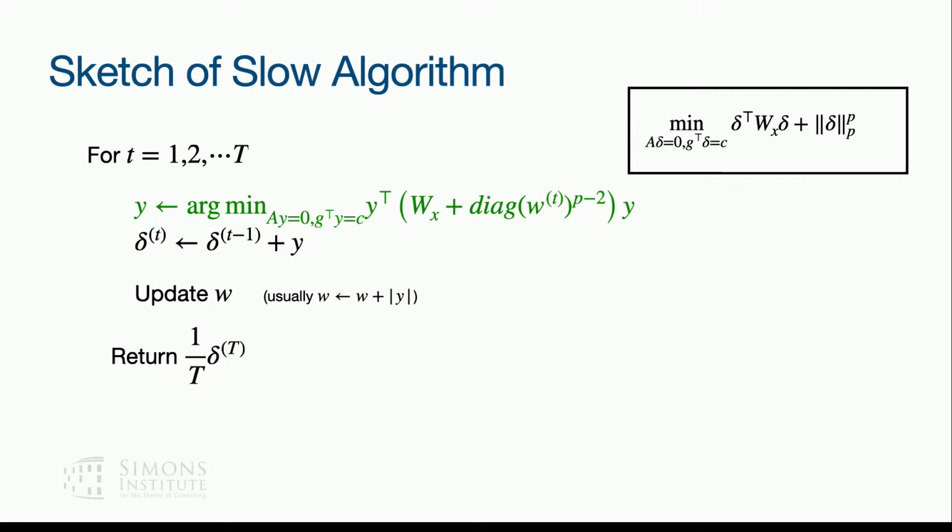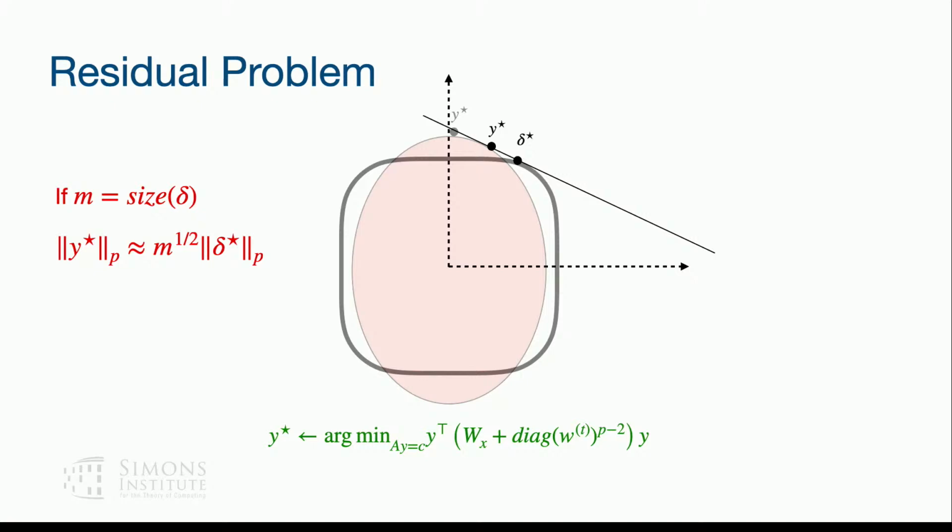If we fit this into our problem, you can note that if we are solving this problem at every iteration, this solution can be off by a factor of m to the 1/2, because you're trying to approximate an LP problem with an L2, so this is approximately m to the 1/2.